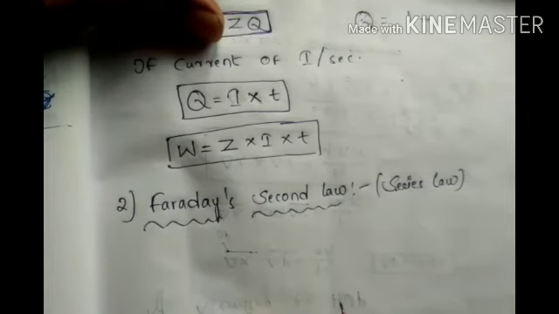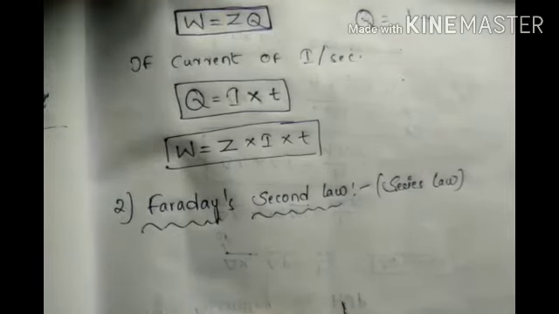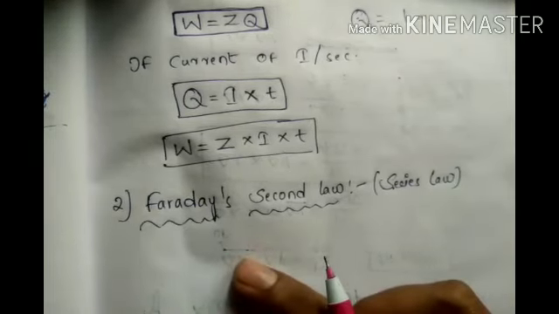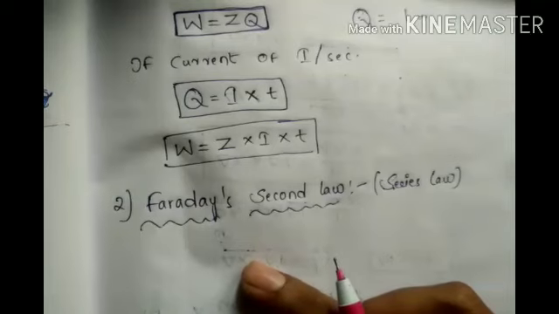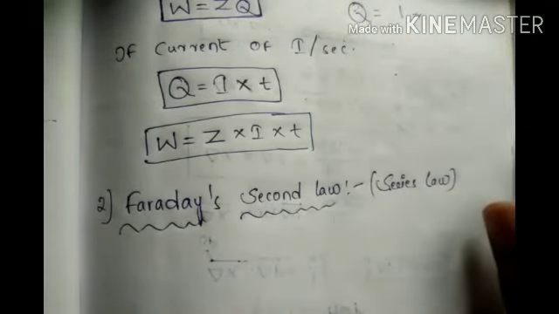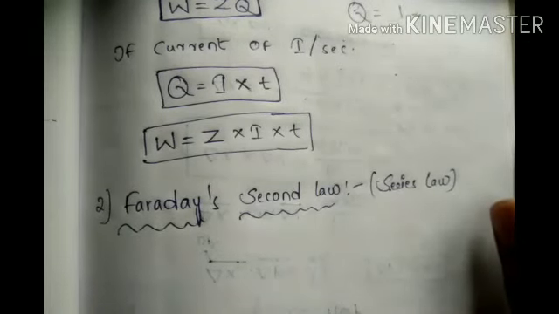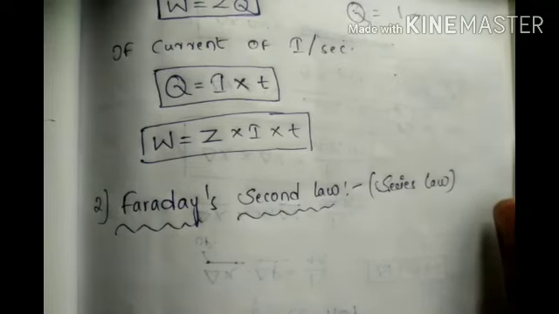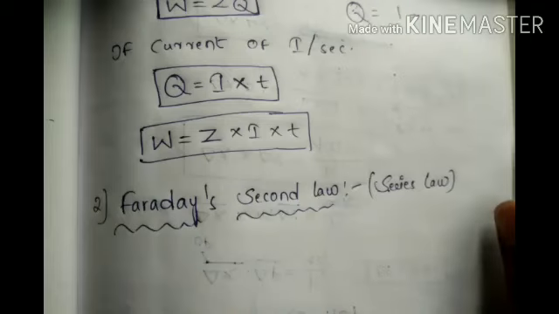When the same quantity of electricity is passed through solutions of different electrolytes connected in series, the masses of substances produced at the electrodes are directly proportional to their equivalent weights. Before, the mass of a substance was directly proportional to the quantity of electricity. Here, the substance produced at the electrode is directly proportional to equivalent weights.